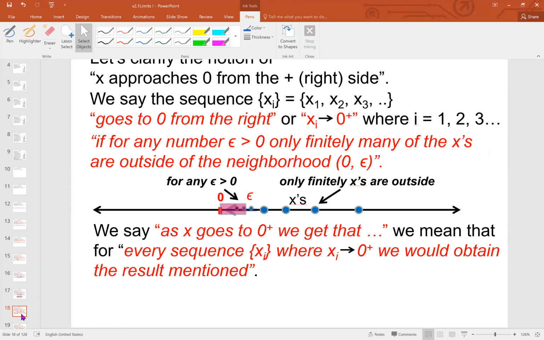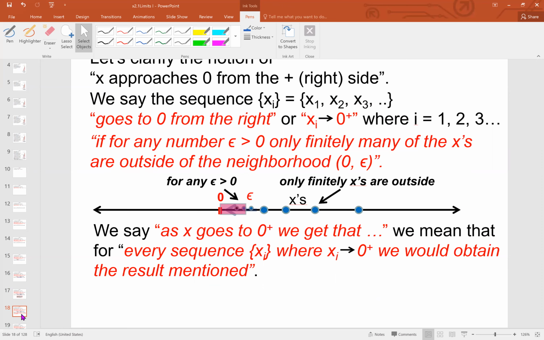Using this, suppose we understand what we mean in general when we say x goes to 0 from the right-hand side, where x is a variable.